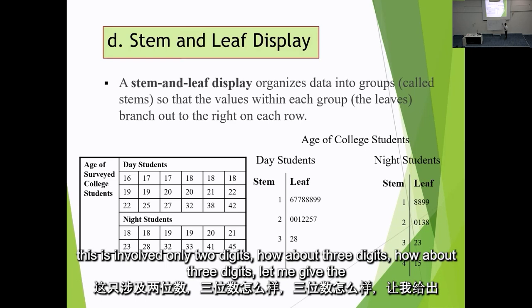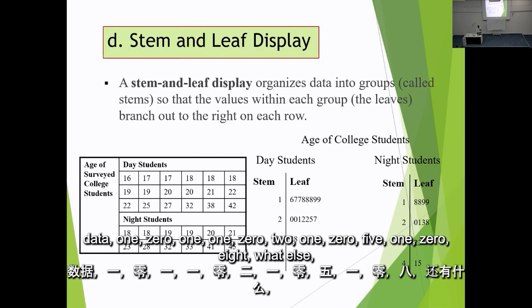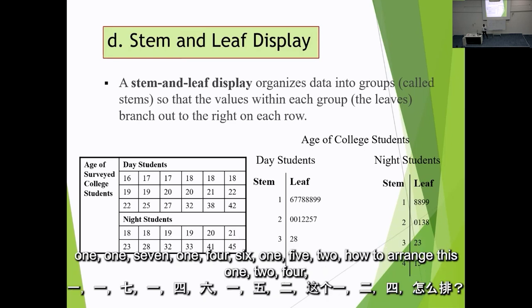This involves only 2 digits. How about 3 digits? Let me give the data: 101, 102, 105, 108, 117, 146, 152.